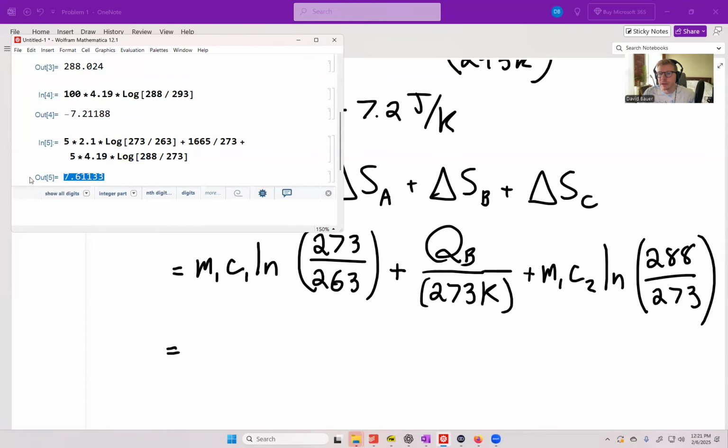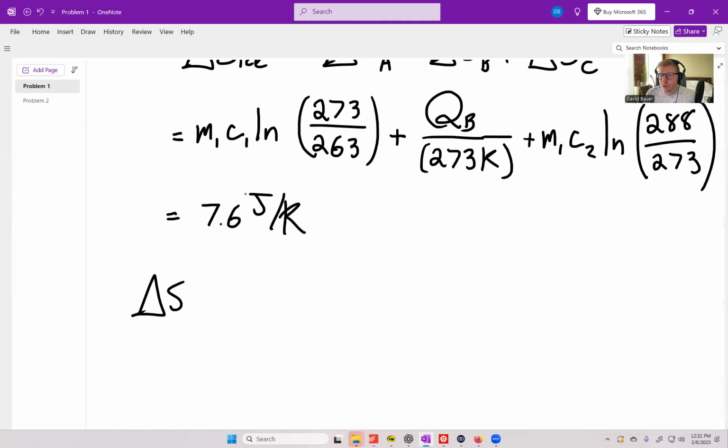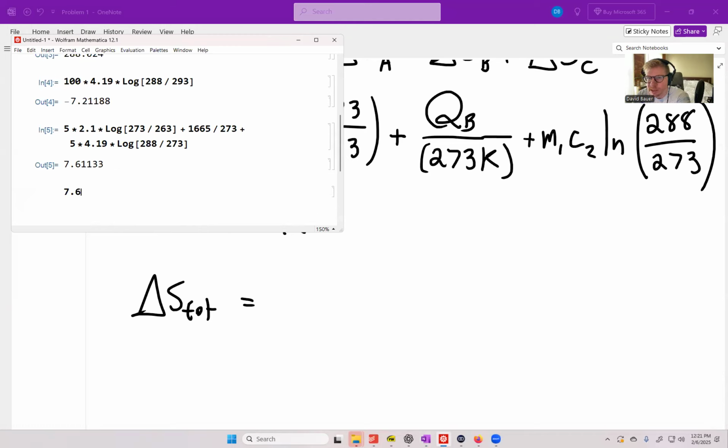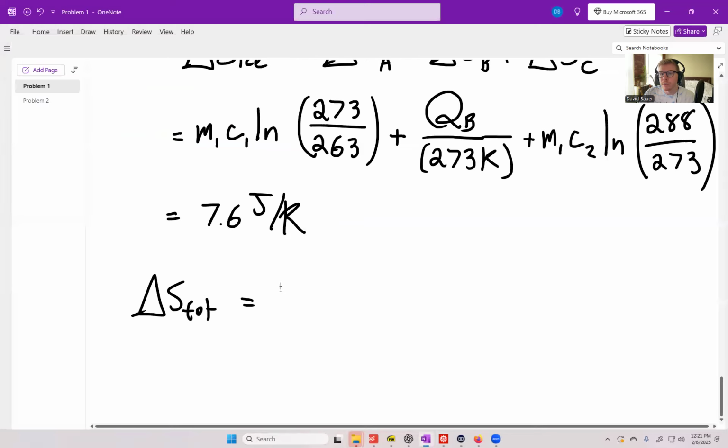So I add it all together and I get this positive number, 7.6 joules per Kelvin. And as we expected, when I calculate the total, by just adding these two together, 7.61 minus 7.212, I get about 0.4 joules per Kelvin.